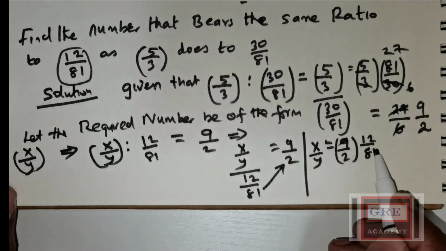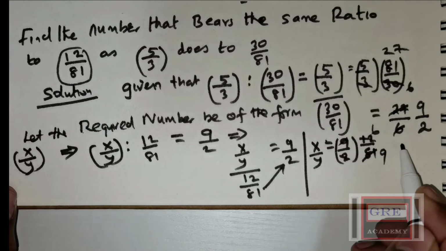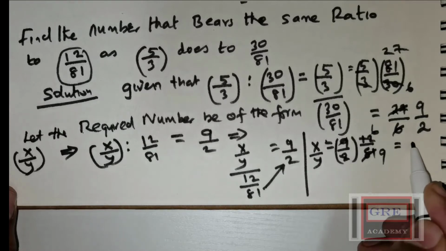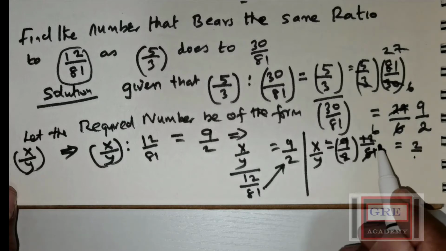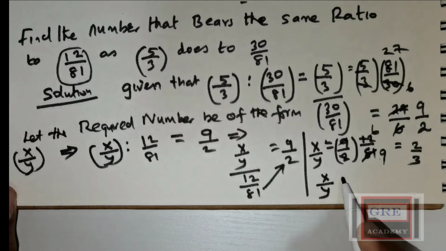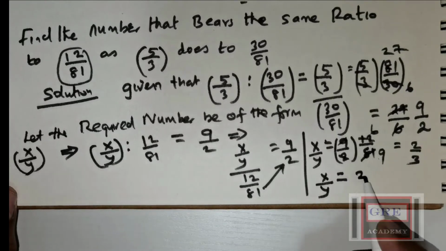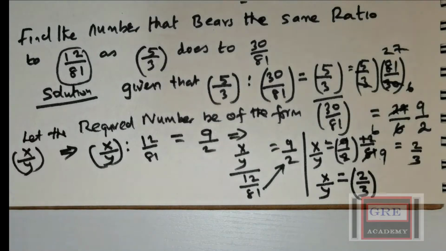Now 9 divides 81 9 times, 2 divides 6 3 times... 3 divides 6 2 times, and 3 divides 9 3 times. So x over y should be 2 over 3. Okay, so this is the solution for the question.